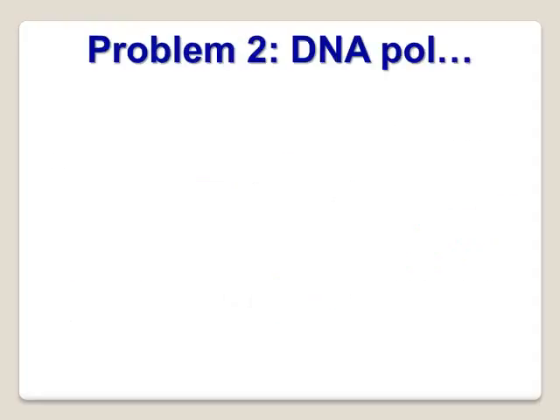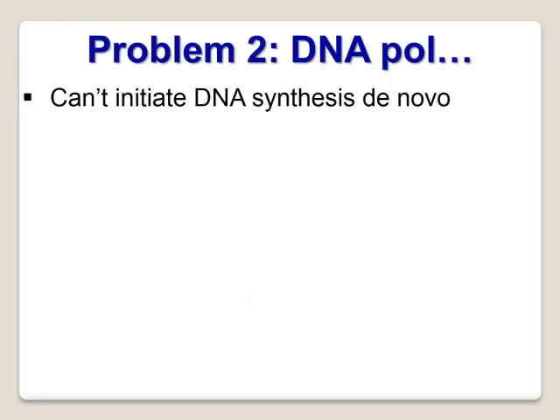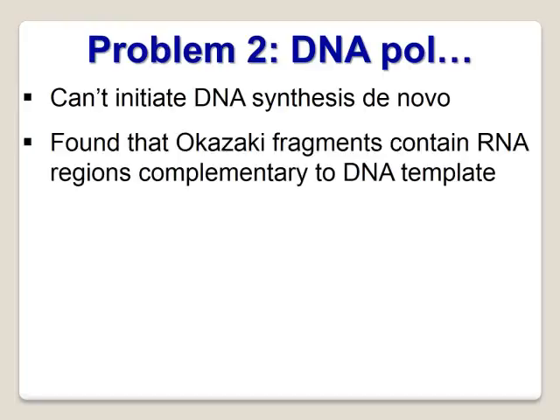Problem number 2, and we just addressed that, and that is DNA polymerases cannot initiate DNA synthesis de novo. Okay? Again, they found that the Okazaki fragments contain RNA regions that were complementary to the DNA template. And what are these RNA regions?